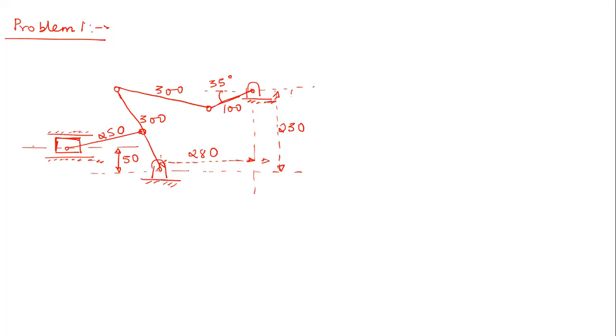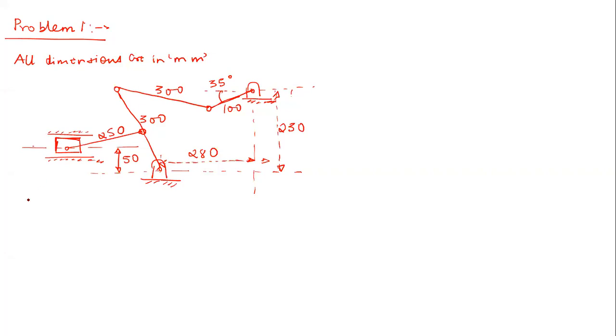So this is basically the configuration which is given to us. All these dimensions which are marked here are in millimeters. Just remember this, that all dimensions are in millimeters, correct?